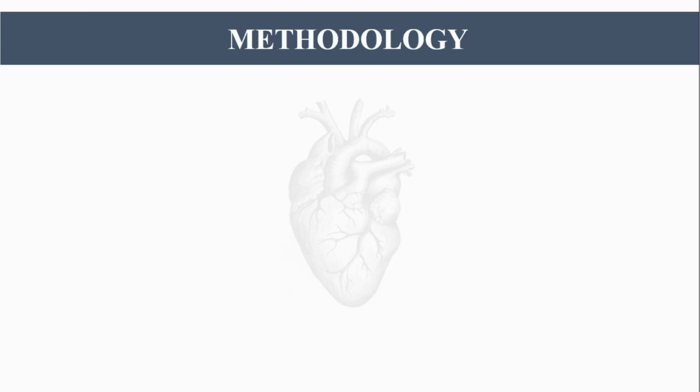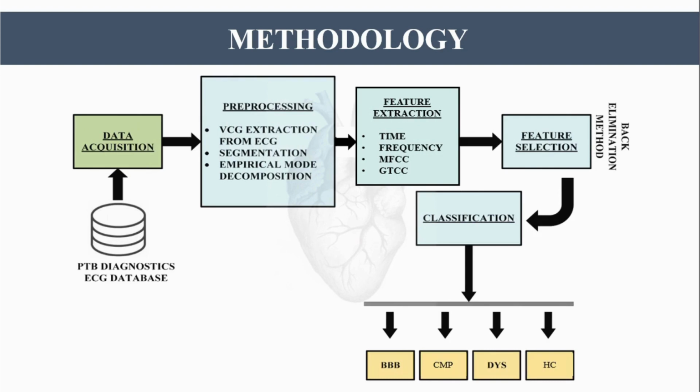Next is methodology. The following block diagram depicts our proposed method for the detection of bundle branch block, cardiomyopathy, and dysrhythmia, keeping one healthy control. The initial step is to acquire the data from PTB Diagnostics.